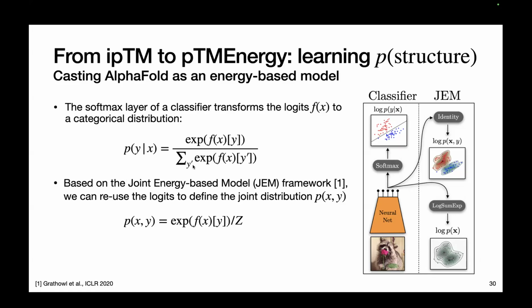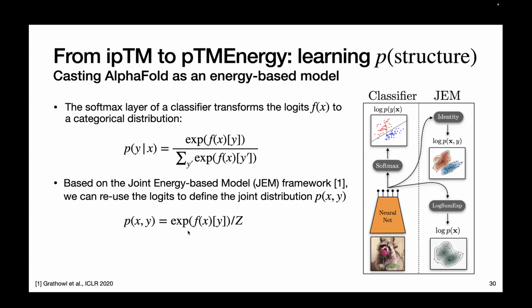And based on this JEM, or joint energy-based modeling framework, you could actually reuse the logits, the f(x)[y]. You can reuse these logits to define a joint distribution p(x, y). Now you have this normalizing constant Z, but it's no longer normalized over y, but normalized over x.